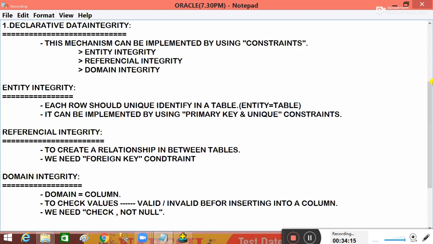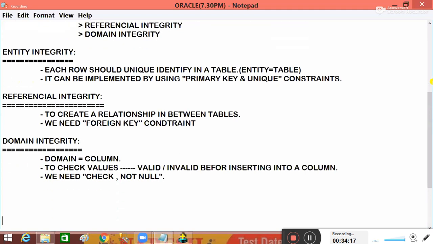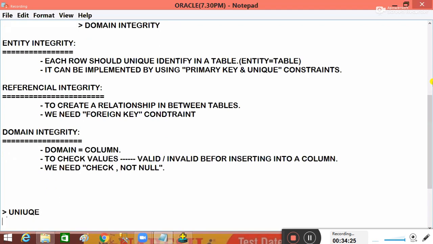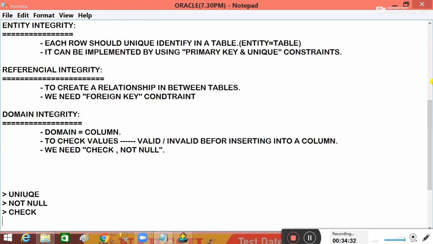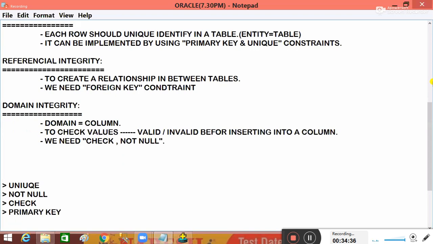So finally, the constraints I'm using are the unique constraint, the not null constraint, the check constraint, the primary key constraint, and the foreign key constraint.